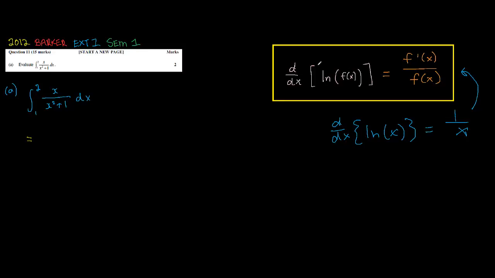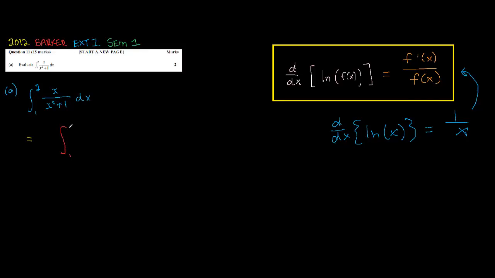This theory is actually going to be used in this question, and we're going to do a nifty little trick. When we differentiate the bottom function, this f of x down here, what are we going to get? We're going to get 2x on top.